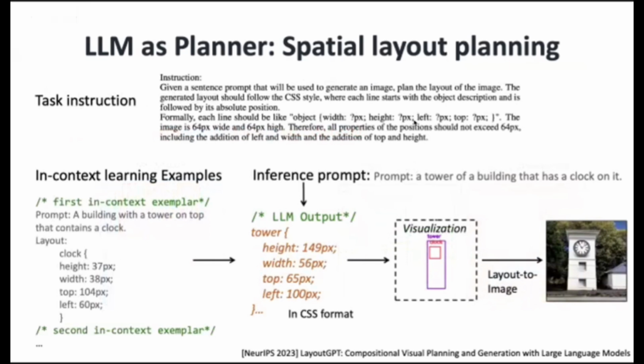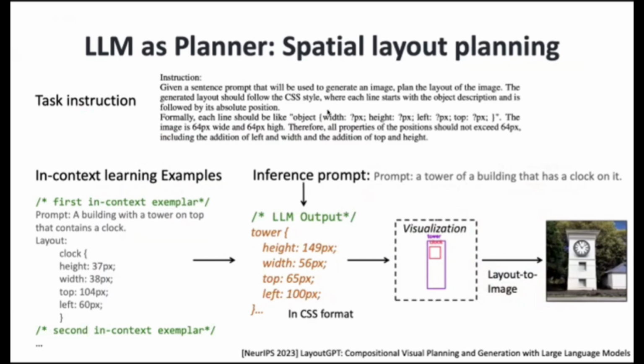So how to make large language models generate such layouts. We can utilize simple prompt engineering, and we tell large language models the task is to generate the layout of the image, and the generated layout should follow the specific CSS style.